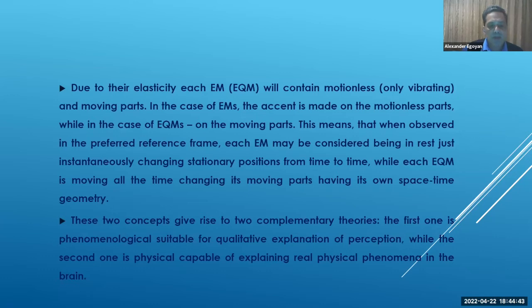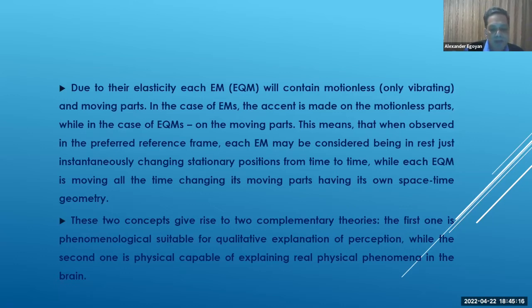In the case of elastic membranes, the accent is made on the motionless parts, while in the case of elastic quasi-membranes, on the moving parts. This means that when observed in the preferred reference frame, each elastic membrane may be considered being at rest, just instantaneously changing stationary positions from time to time, while each elastic quasi-membrane is moving all the time, changing its moving parts and having its own space-time geometry.